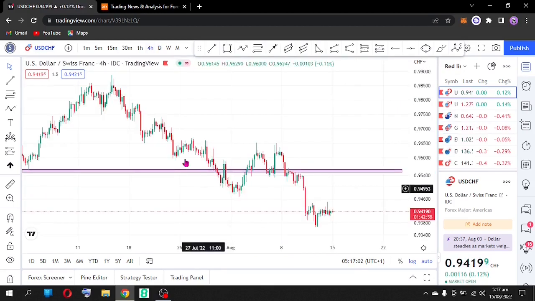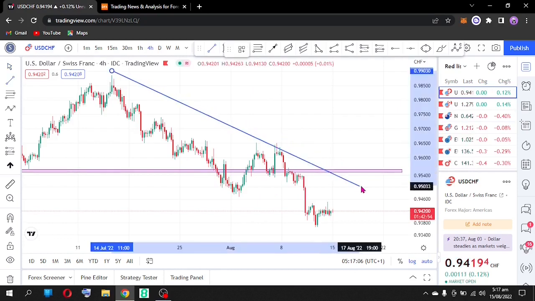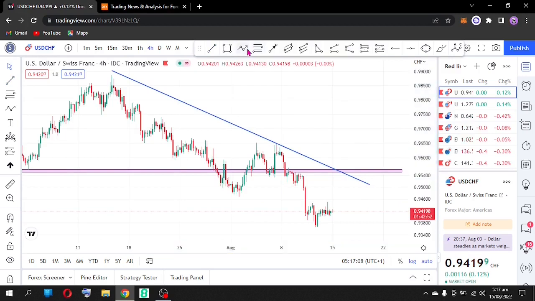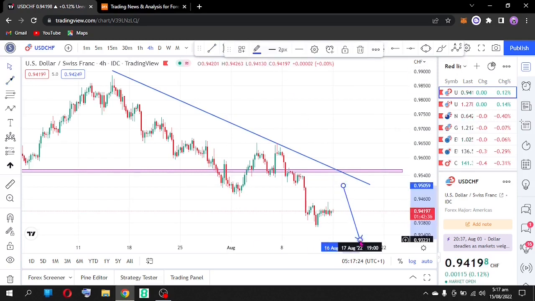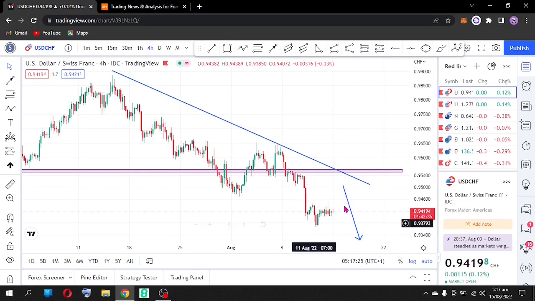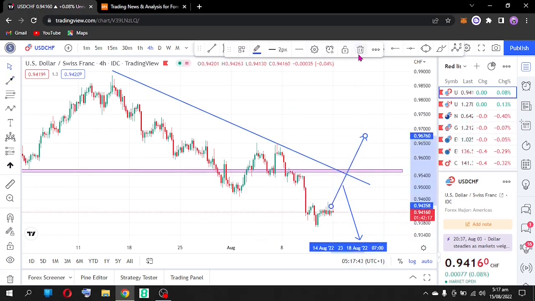On the 4-hour time frame, you can draw this and then expect price to continue pushing down, but I'm still expecting this to push up a small bit before dropping. That's if it doesn't break this resistance.